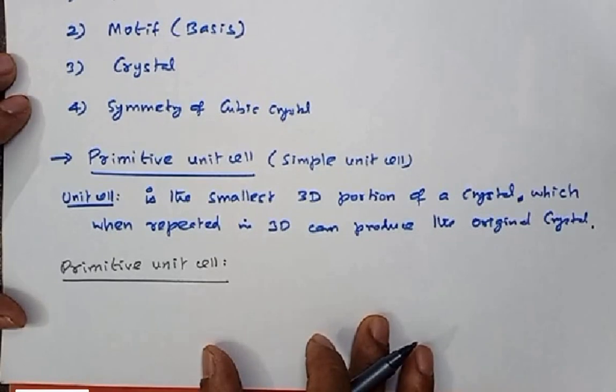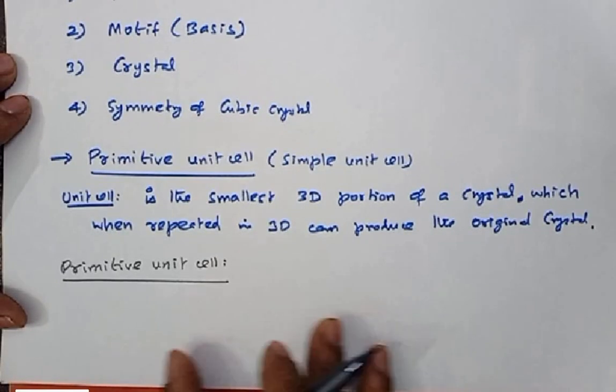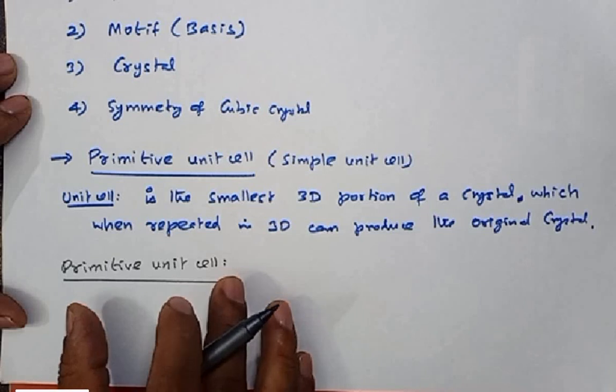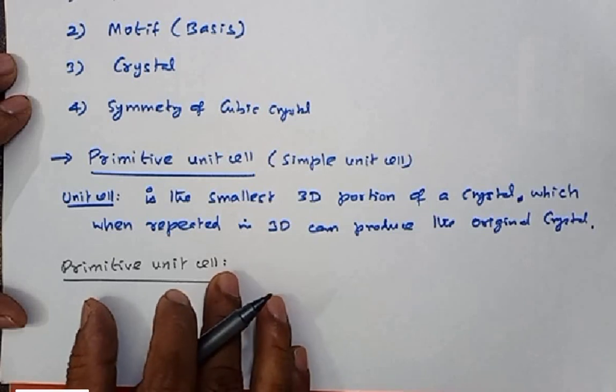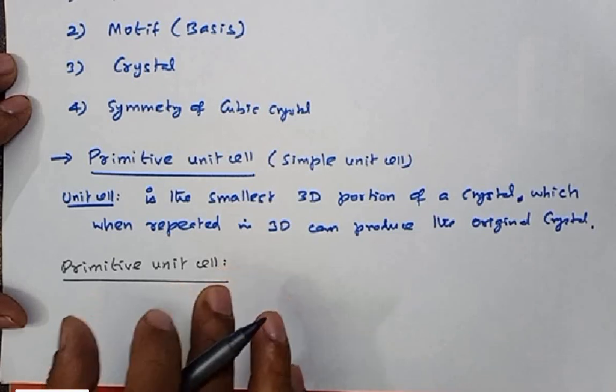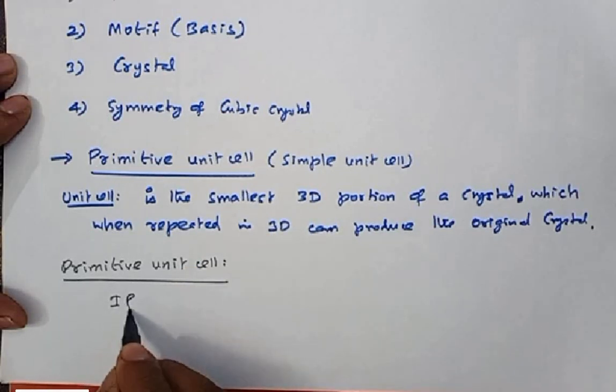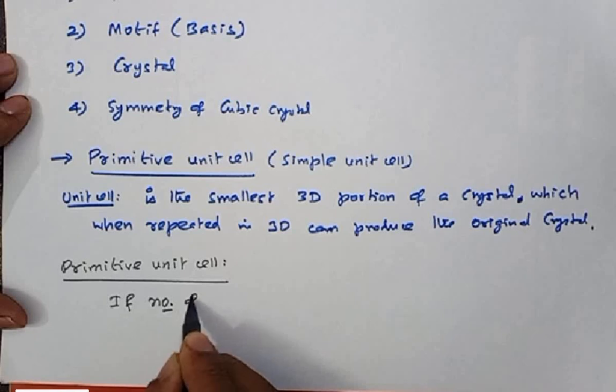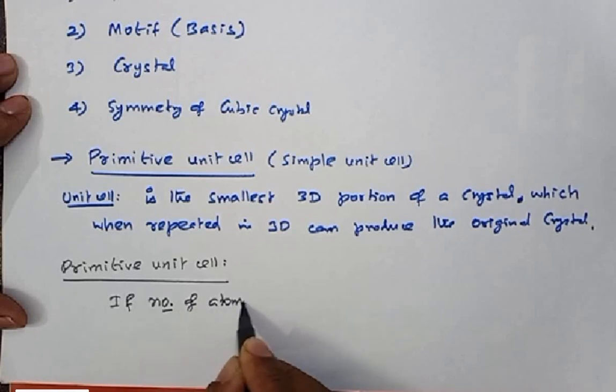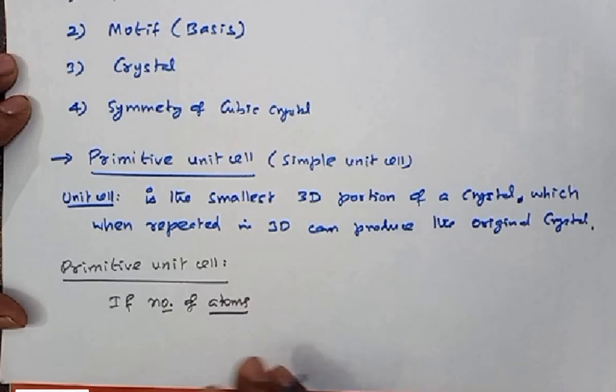Observe carefully. Unit cell in which number of atoms per unit cell equal to 1. Okay, I am just using atom for understanding purpose, using the word atom. It can be even molecule or particle.